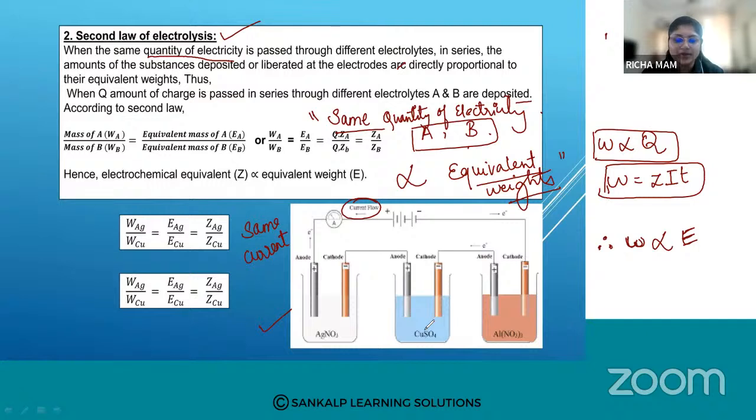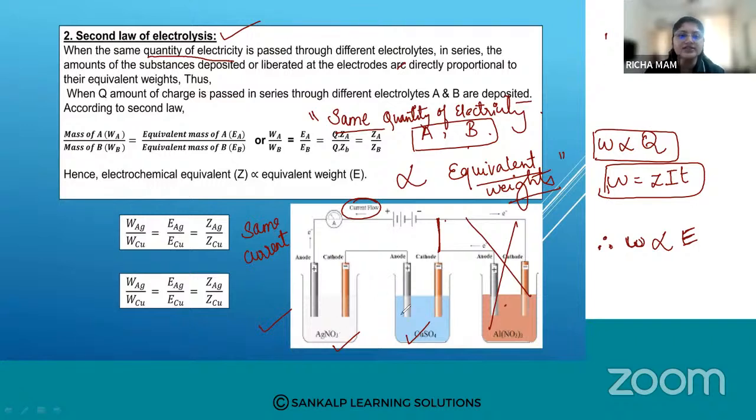One contains copper sulfate and another contains AgNO3. Here they have taken three solutions, but let us consider only two. We will not consider this one, only this one, so it is directly connected here. So we have two.